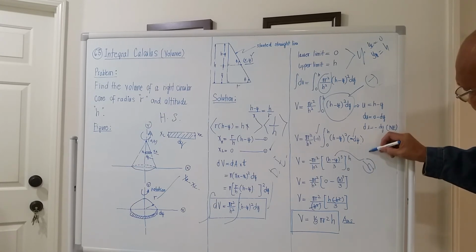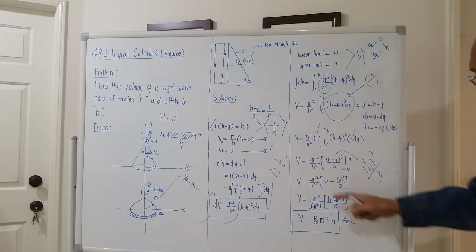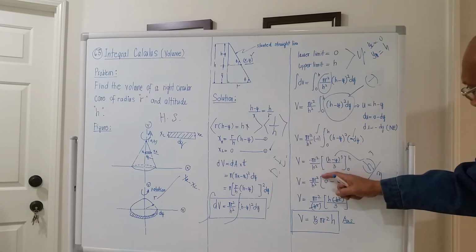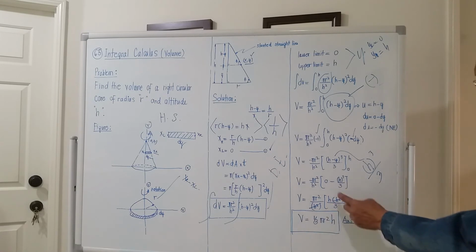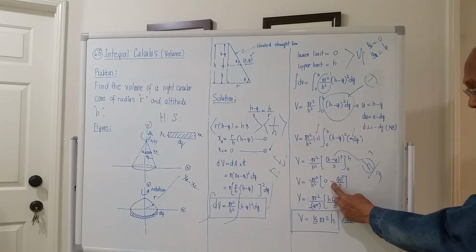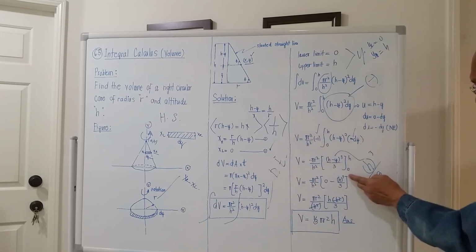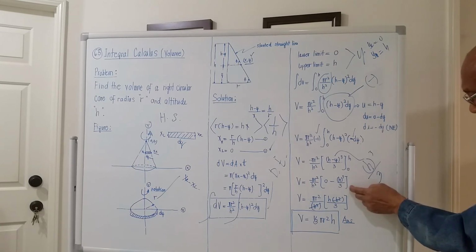We raise that to the third power over 3. So this is minus pi r square over h square times the quantity 0 minus, there's a minus here. That's why I told you don't be afraid of the negative sign. It will come out positive. Minus h cube over 3.